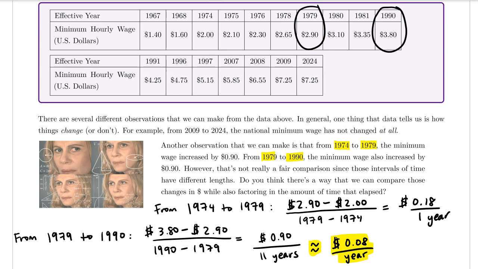Now, it doesn't seem like that much of a difference because these numbers are so small, but when you compare them, 18 cents per year and 8 cents per year, this value here is more than double. So essentially, we should be upset about this because the minimum wage is not really increasing at a rate that is in line with what it increased with in previous years.